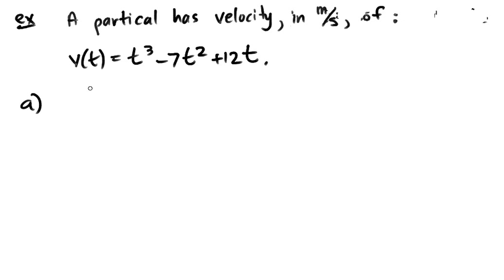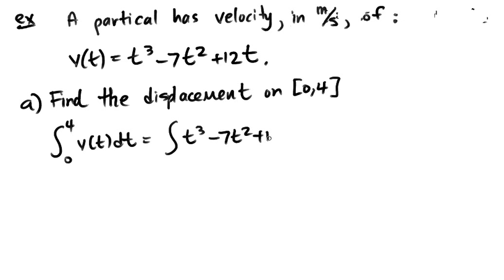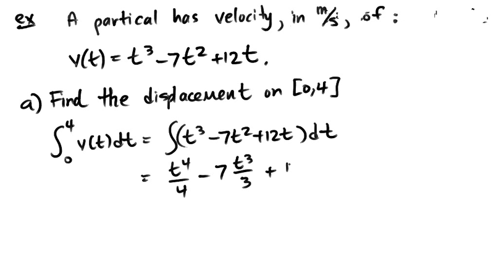First of all, we're going to find the displacement on 0 to 4, and then we'll look at the total distance traveled in part B. So the displacement is the integral evaluated from 0 to 4 of v of t dt, and so that's the same as t cubed minus 7t squared plus 12t dt, and so I get t to the 4th over 4 minus 7t cubed over 3 plus 12t squared over 2 all evaluated at 0 and 4, and if you do that evaluation you get 10.6 repeating.